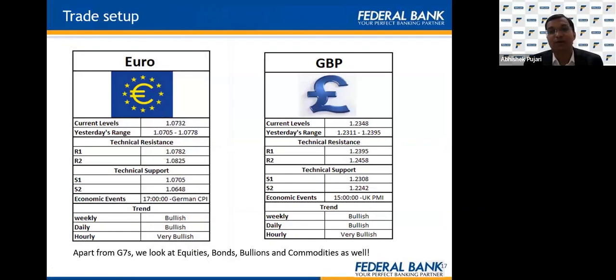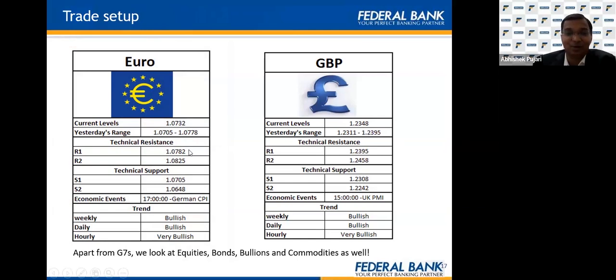So enough of fundamentals and technicals. This is what we do. This is our trade setup for every single day. We pick up all the G7 currencies, equities, bonds, bullions, and commodities, put them in a small snippet, and put the current levels and previous day's highs and lows.